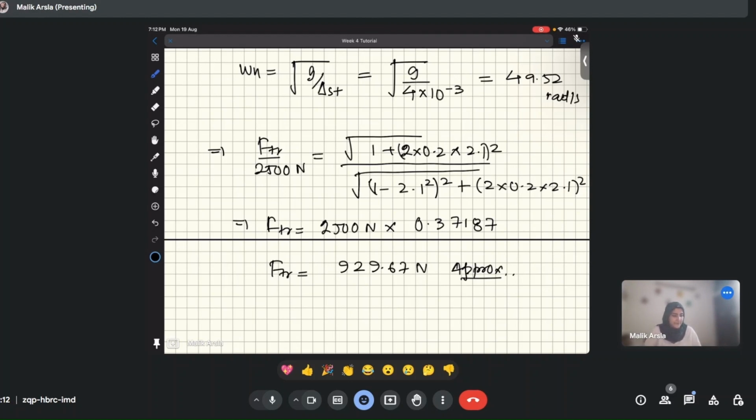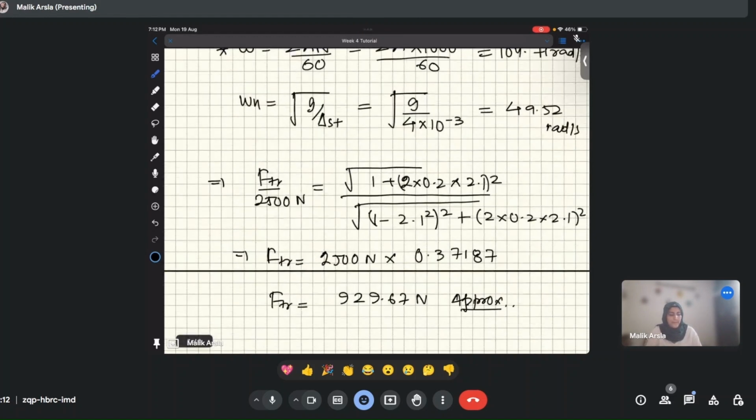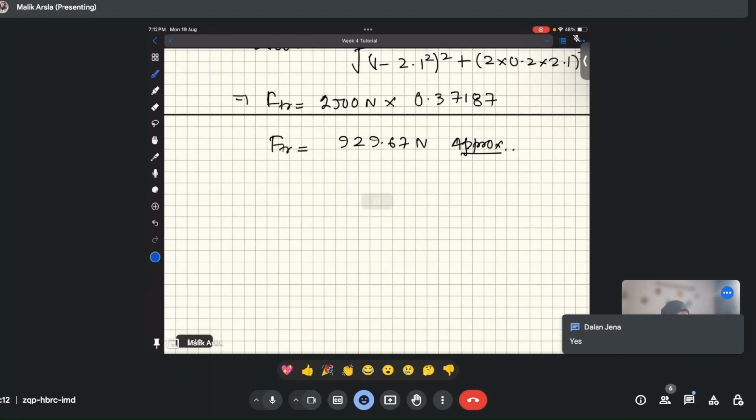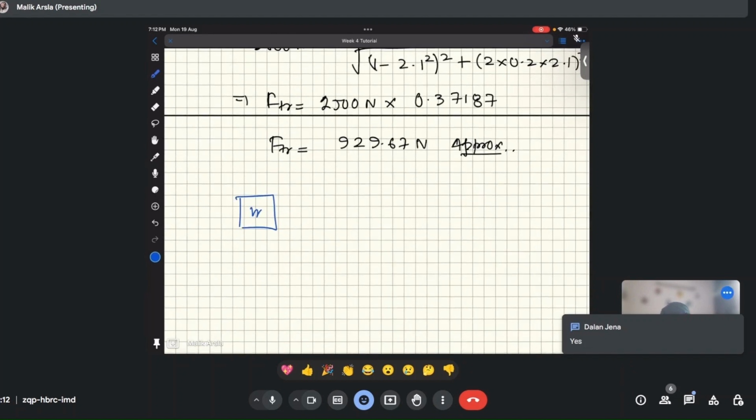Understood? Even if you do not remember these formulas, you can always derive them. You just have to make the FBD of the mass. I'll quickly show you. Even if you don't remember how to find this, you can simply make the mass as m, say x double dot is in this direction.